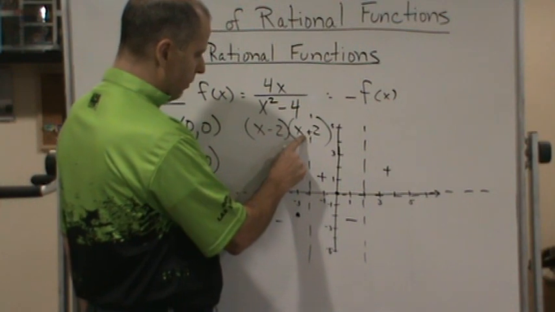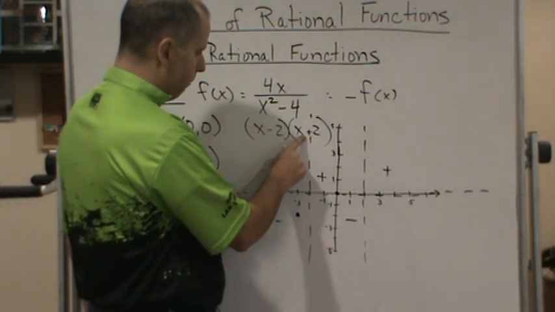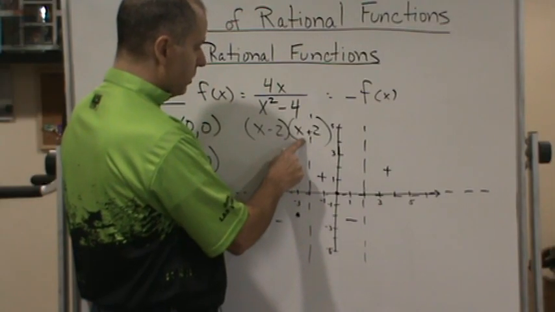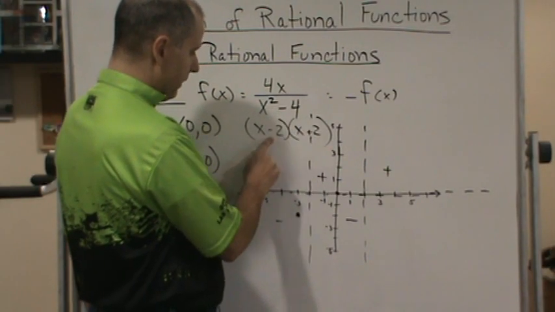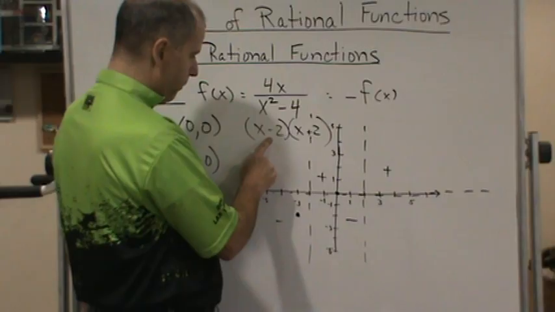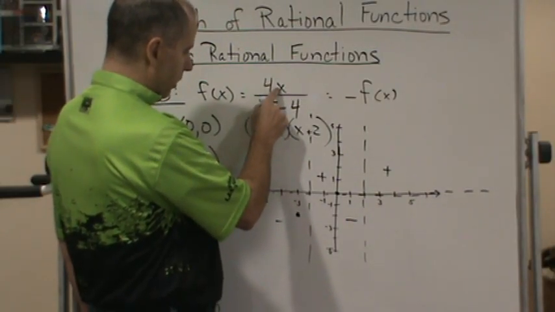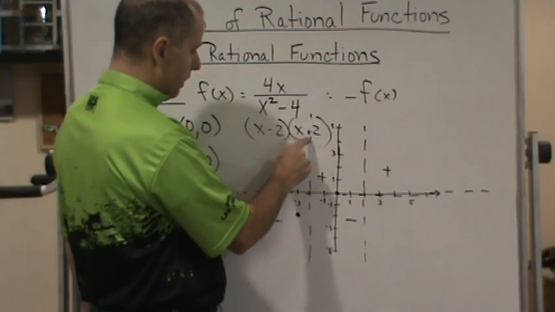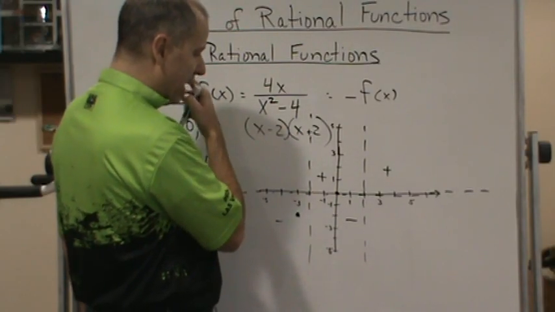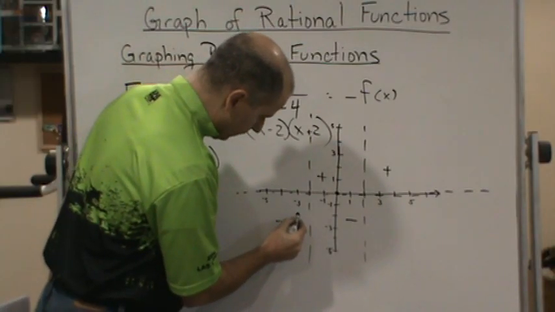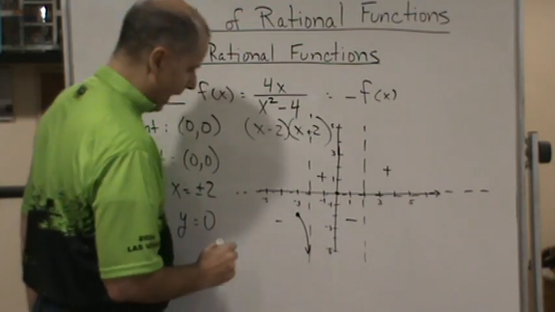This is going to 0, but it's negative, getting closer to 0, but still negative. This is going to negative 4. This is going to negative 8, but this is going to 0. So this whole thing is going to negative infinity. So this is going down like that.